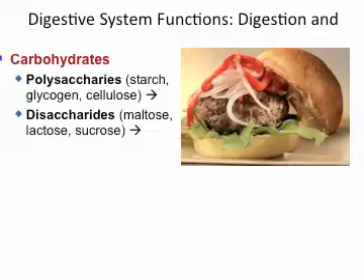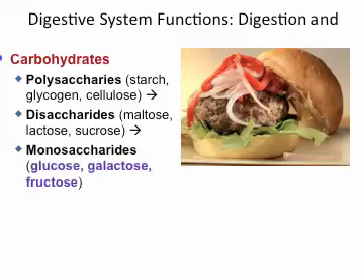Examples of disaccharides are maltose, lactose, and sucrose. You probably know sucrose, that's our table sugar. Further enzymatic digestion of carbohydrates takes those disaccharides into monosaccharides. Examples are glucose, galactose, and fructose. Those are simple sugars, and the monosaccharide form can be absorbed across the small intestine wall.